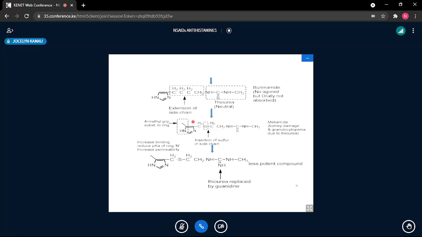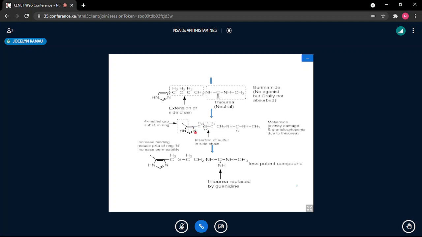Then, when you look at the side chain now, we have introduced a sulfur. What is a sulfur? A sulfur is an electron withdrawer. So on the side chain, you have put an electron withdrawer. The function of the electron withdrawer is to pull electrons. So this sulfur will pull electrons out of this ring, and because this is the nitrogen which is closest, this nitrogen is going to be electron deficient.